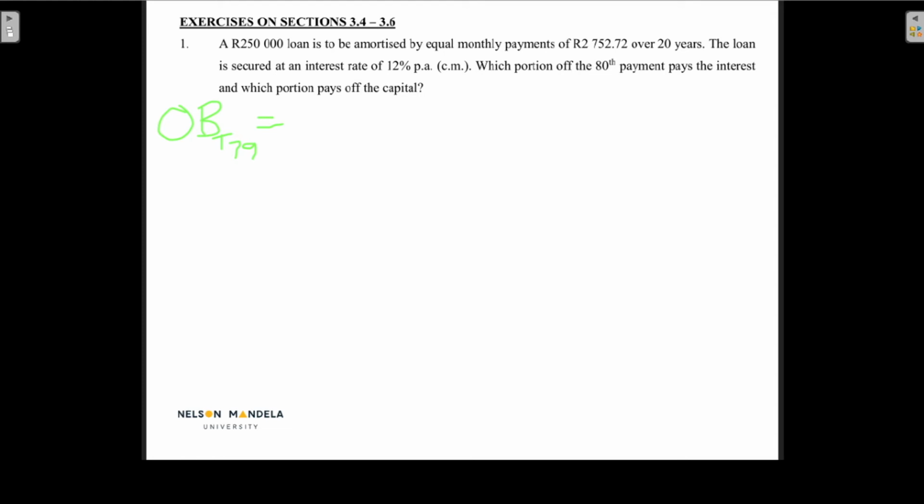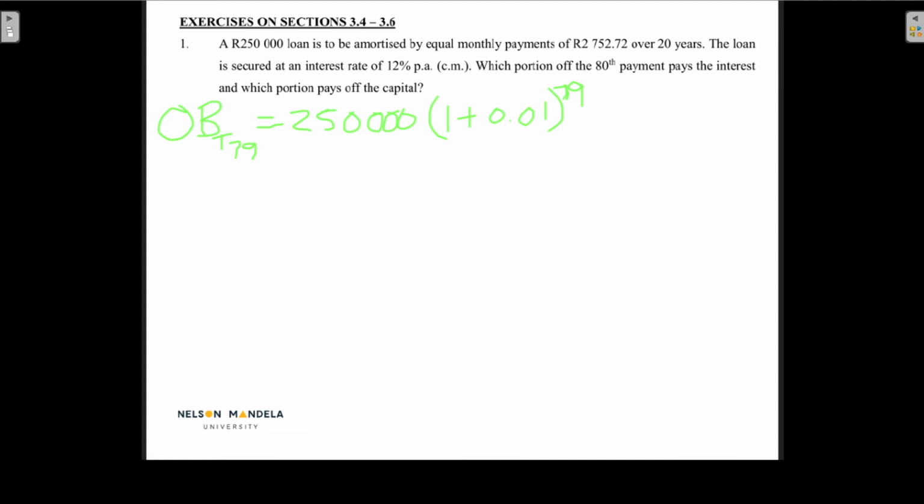For the retrospective method, this is revision, I take the loan size and I move it to the point where I want to find the outstanding balance, time T79. This is a single amount that I move, so I use the formula for compound interest, and my effective monthly interest rate is 12% divided by 12, so that's just 0.01. Then I subtract from that the future value of all the payments up until payment 79.